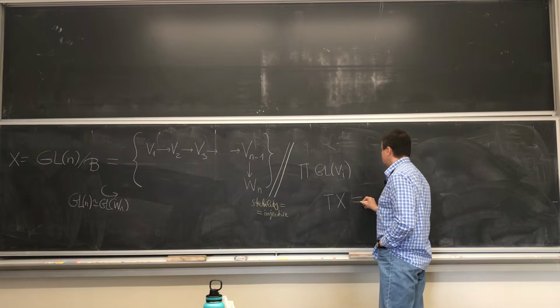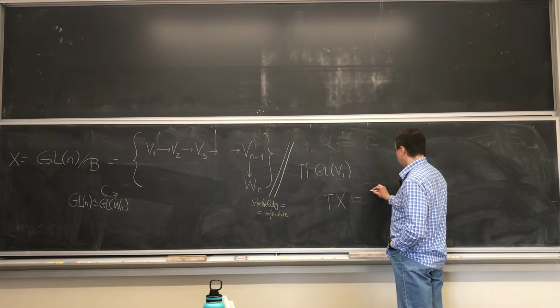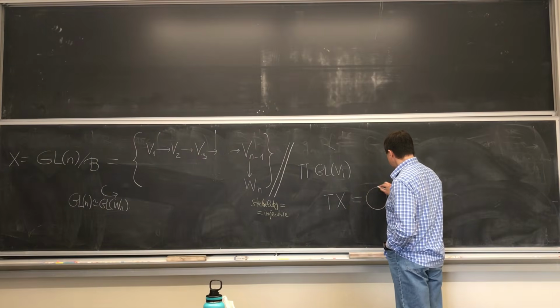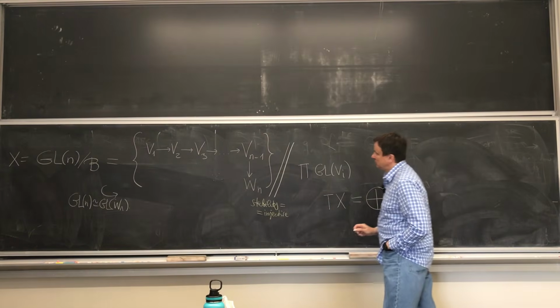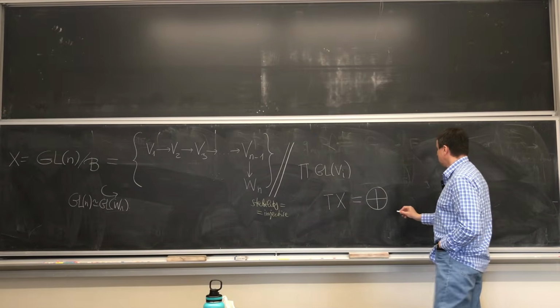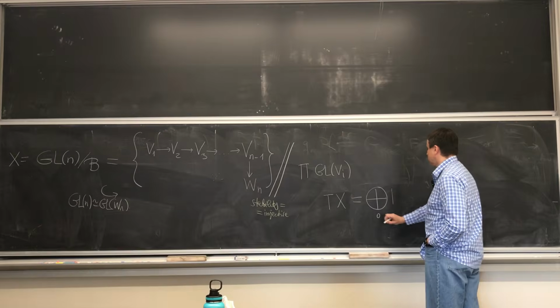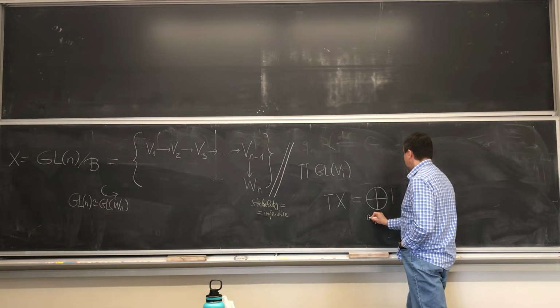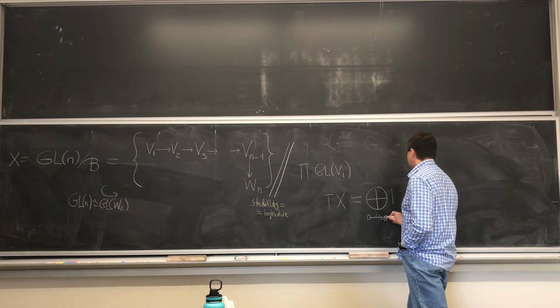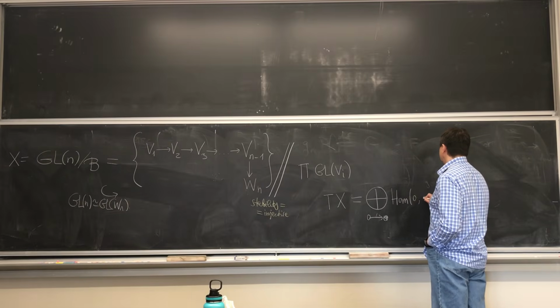It's a direct sum over all arrows in that quiver, you take the Hom from the corresponding spaces.